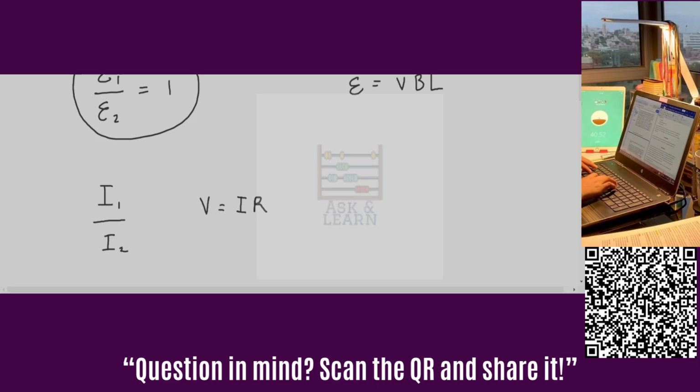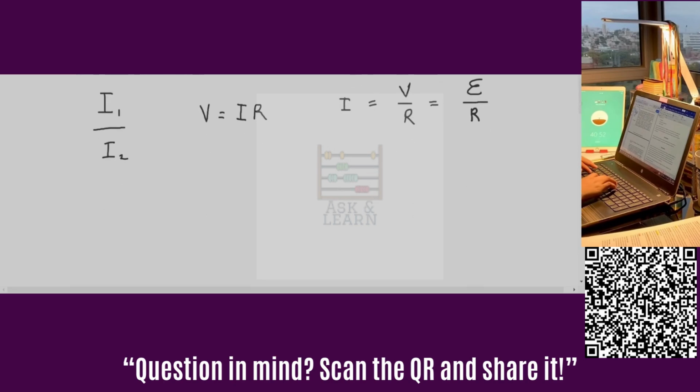And if we rearrange this for I, we'll have I is equal to V over R, where the voltage, in this case for our circuit, is going to be created by our motional EMF, right? We're creating the voltage by moving our bar in a magnetic field. So we can just replace V with our EMF, since that's acting as our battery. So we can replace, in our equation here, each current with E over their respective resistance.